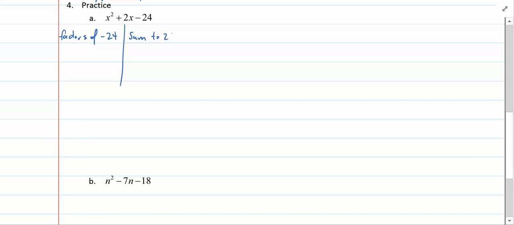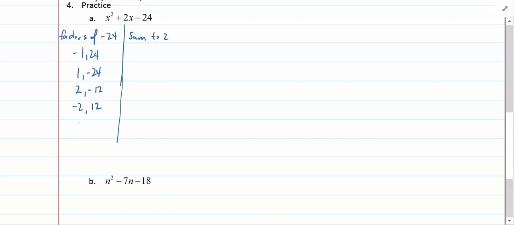a positive 2. So let's start off by listing these factors. We can use a negative 1 and a positive 24, or a positive 1 and a negative 24. We have the option of using 2 with negative 12 and negative 2 times positive 12.